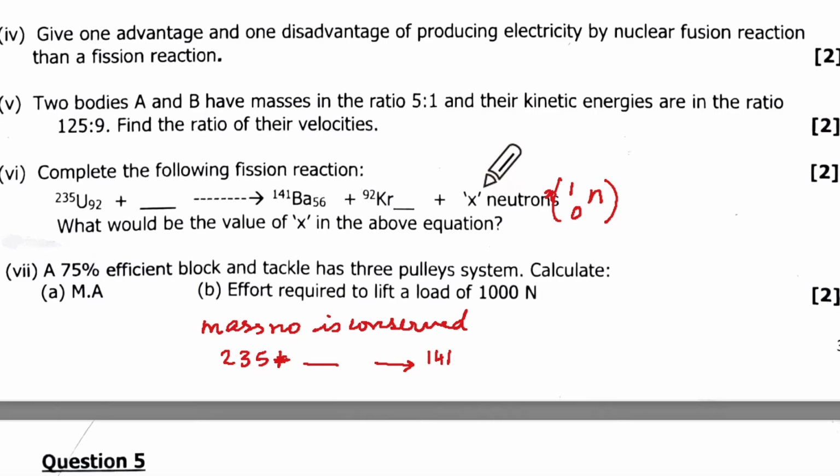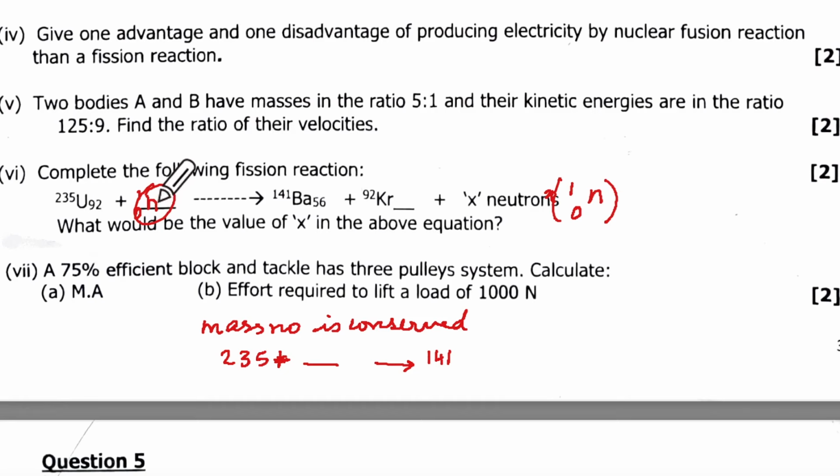Ma'am, 2 neutrons. No, look at this thing. Ma'am, 141 plus 92 is 233. That's not the point. Here you have to add one neutron. One neutron causes the imbalance. There is a neutron here also.